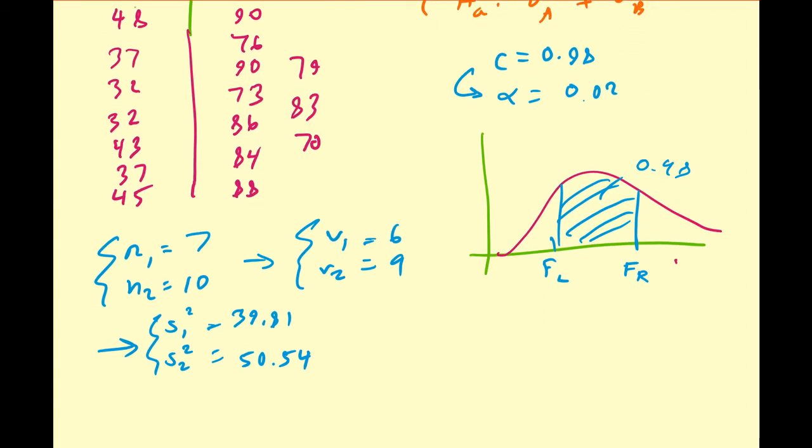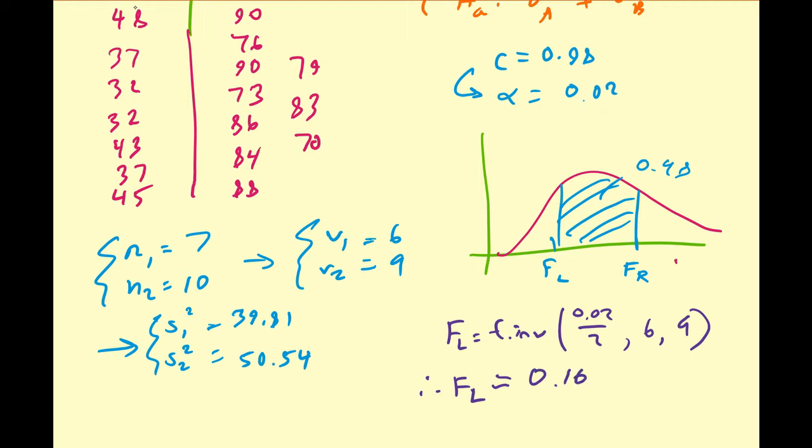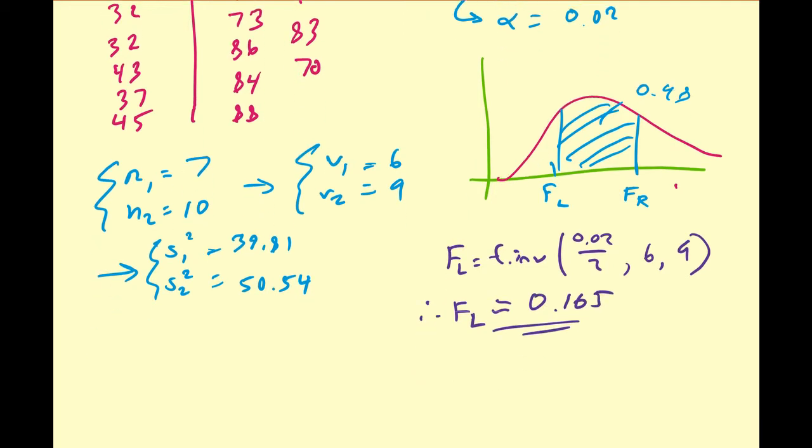So our left critical value, FL, is going to be equal to F.INV of alpha, which is 0.02 divided by 2, comma, degrees of freedom for 1, comma, degrees of freedom for 2. And you're going to get that this is about equal to 0.165. And let's do the same for the other one.